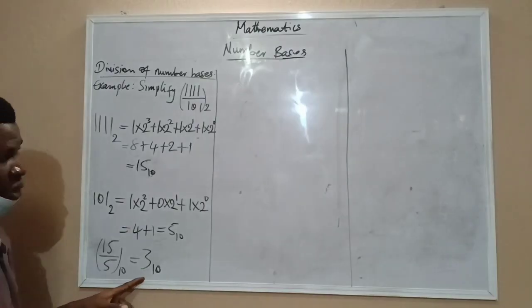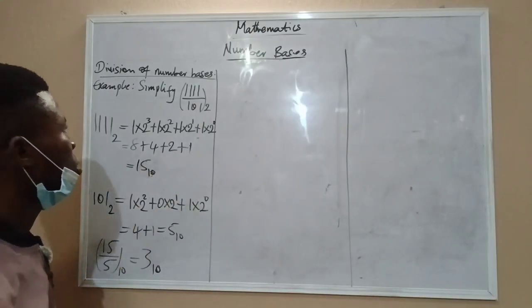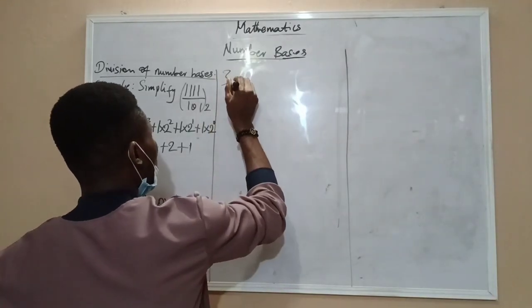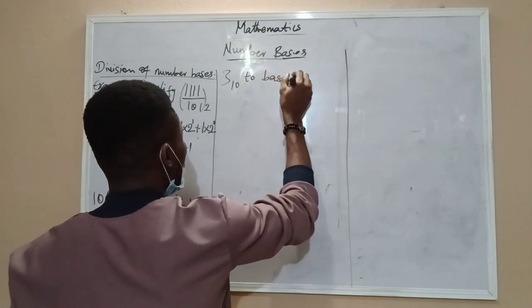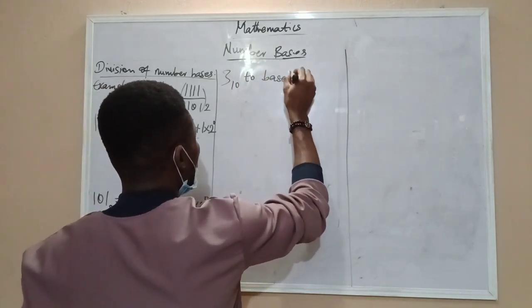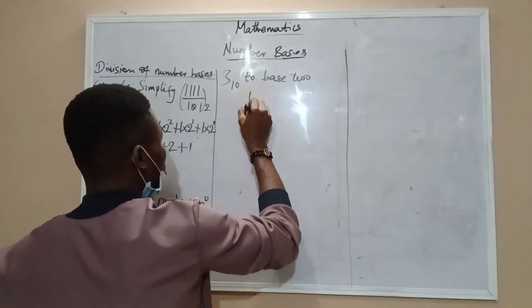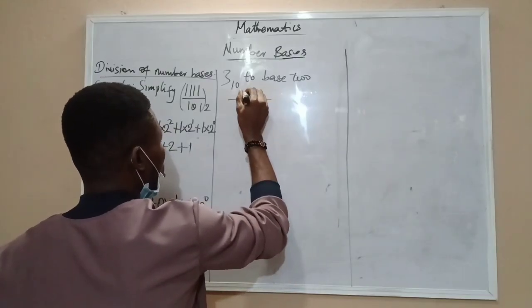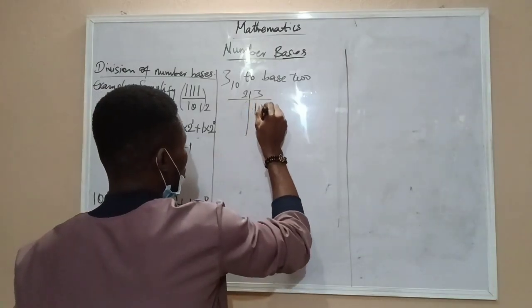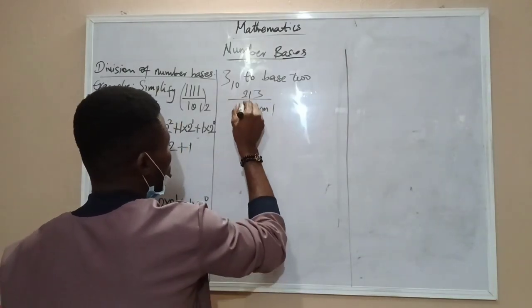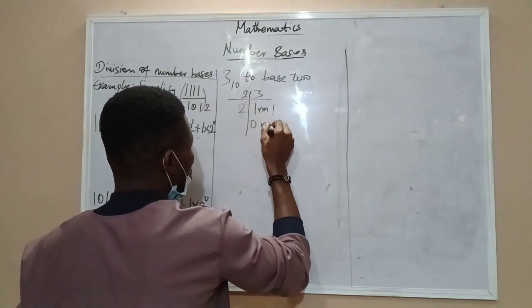Now we have to convert this 3 back to base 2, and to do that, 3 in base 10 to base 2, we do our normal division. 3 divided by 2 is 1 remainder 1. Then 2 into 1 is 0 remainder 1.